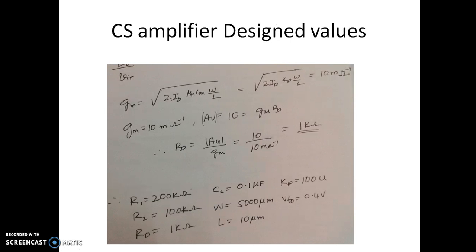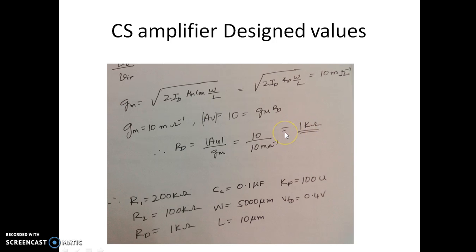This is the expression for gm in terms of ID, mu n Cox, and W by L. Because we know the value of ID, we know Kp, we know W by L, gm, the transconductance of the MOSFET, happens to be 10 milli ohm inverse, or 10 millisiemens. By knowing the value of gm and the value of Av, we can estimate the value of RD. Now RD happens to be 1 kilo ohm.